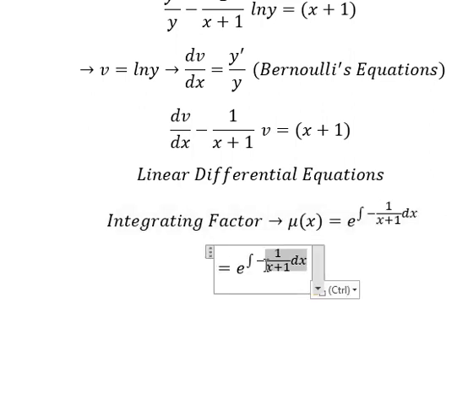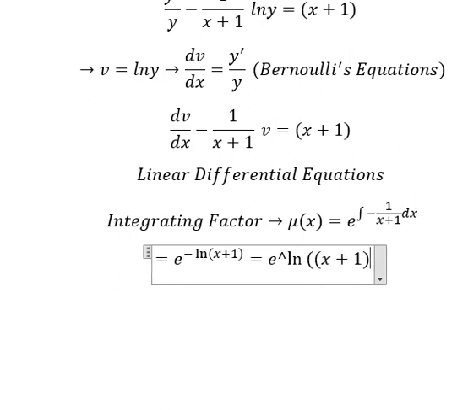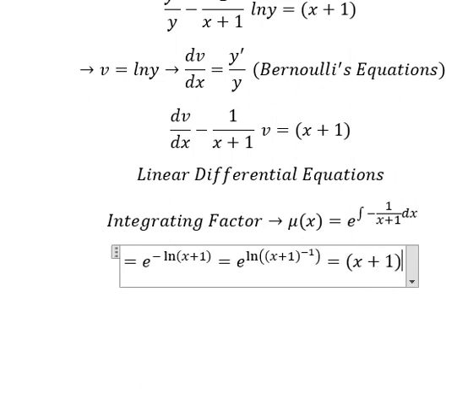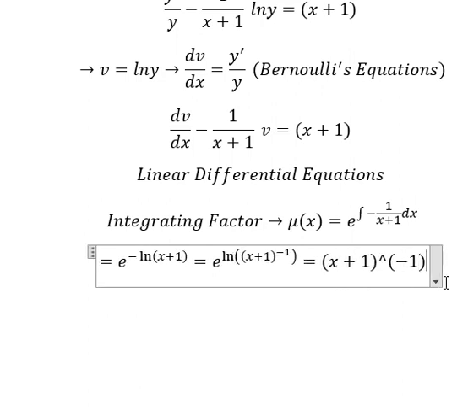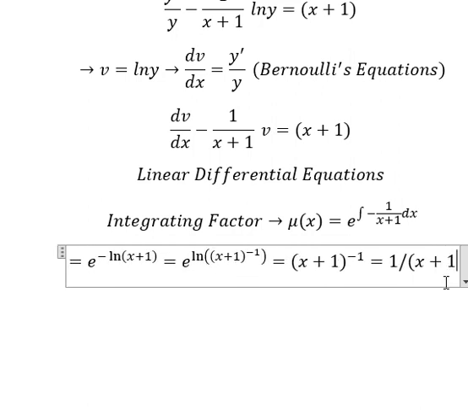The integration of this one is negative ln of s plus 1. Later we put the negative inside the natural log, and we have s plus 1 to the power of negative 1, which is 1 over s plus 1.